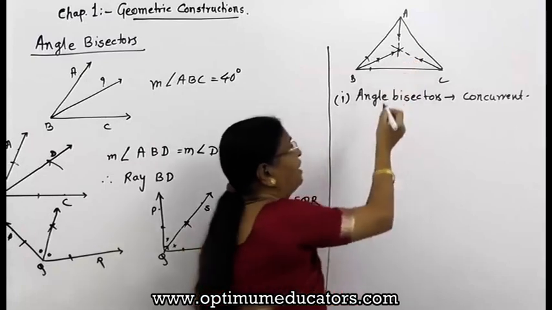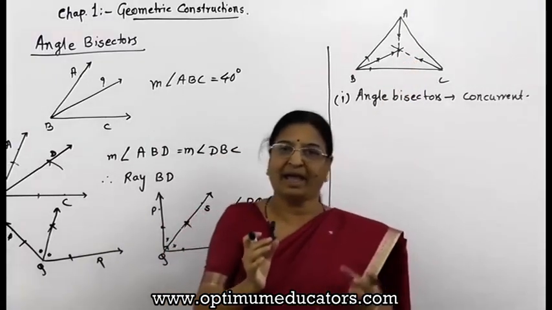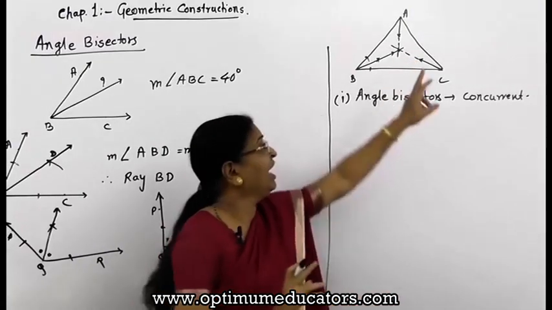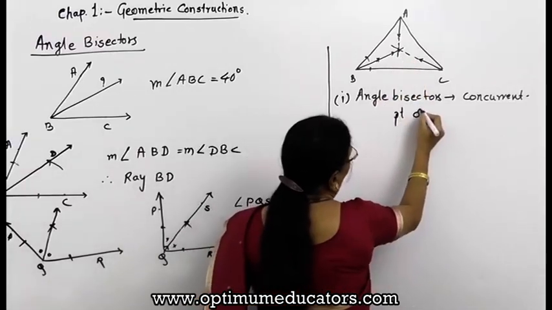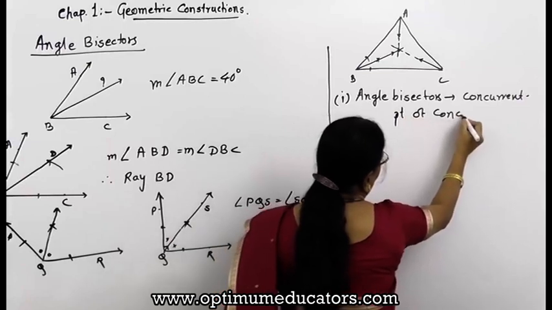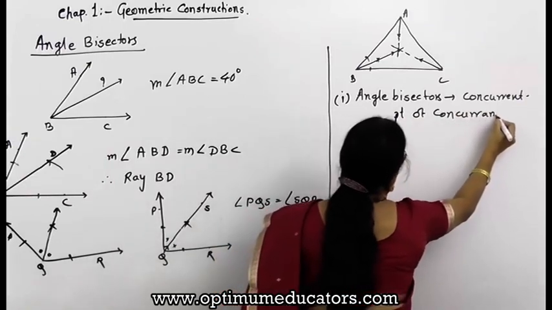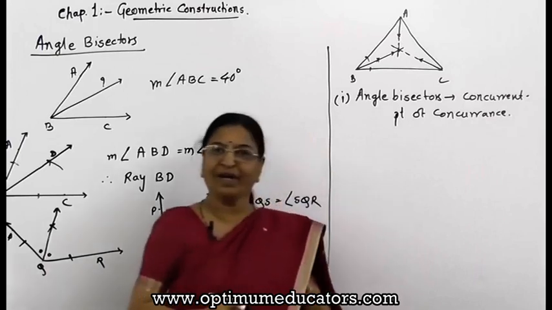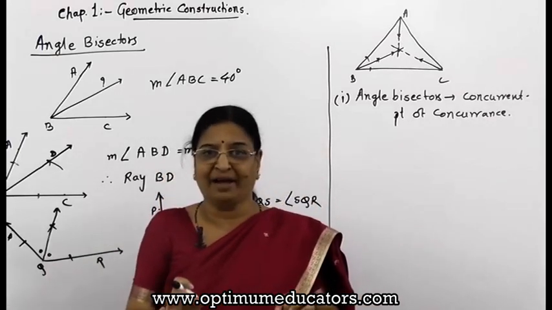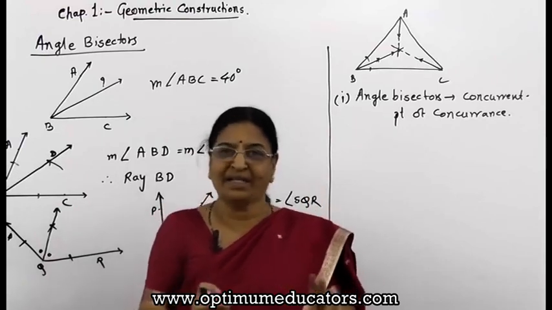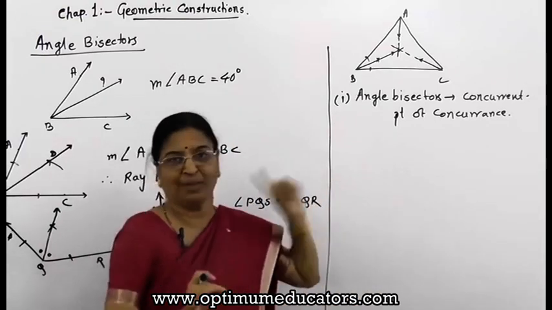See, this is a point where all the three angle bisectors intersect, and so this point is called the point of concurrence. So this is what we want to find out. And always, in any type of triangle, all the three angle bisectors will intersect in one point.